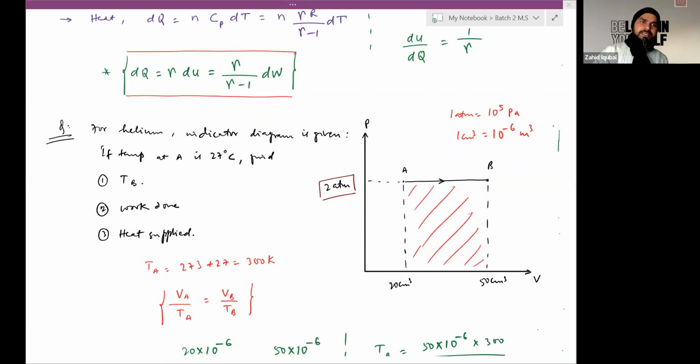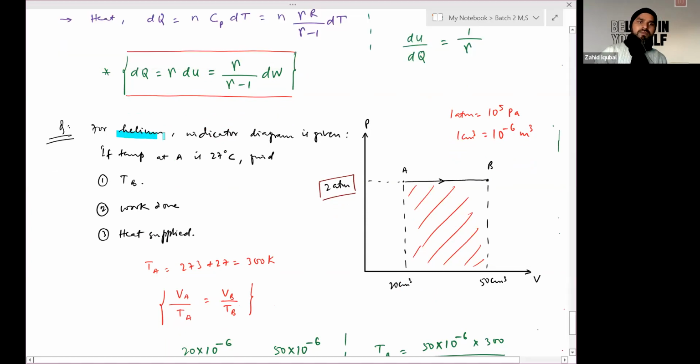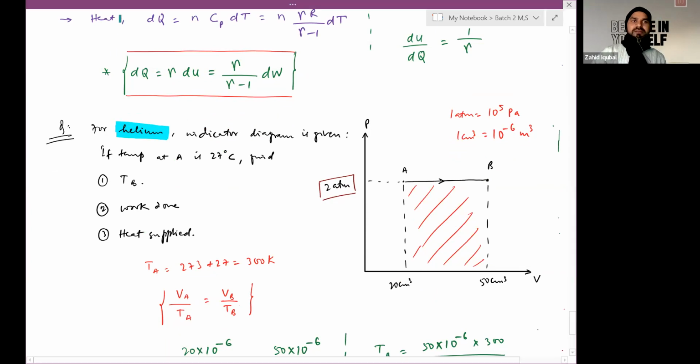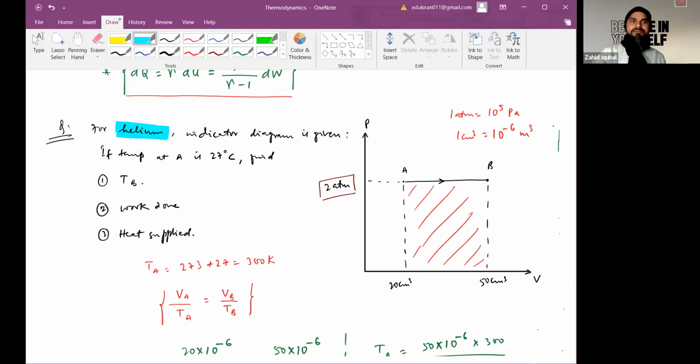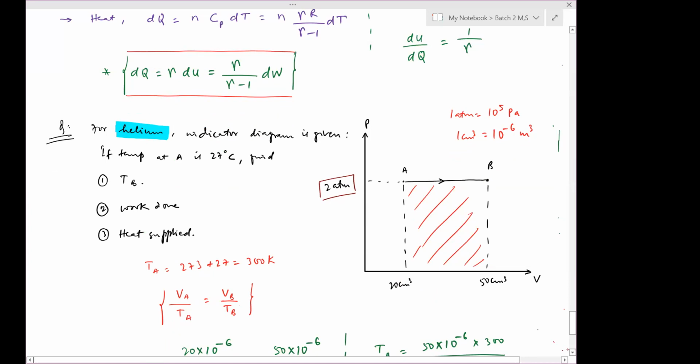Now just tell me about this particular gas. We have this entire process for helium. Will helium be monoatomic, diatomic, triatomic, or something different? It will be monoatomic. Good.